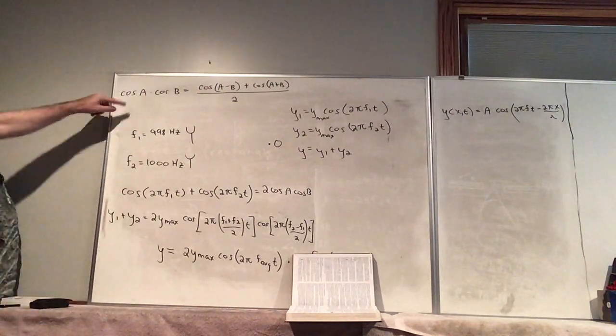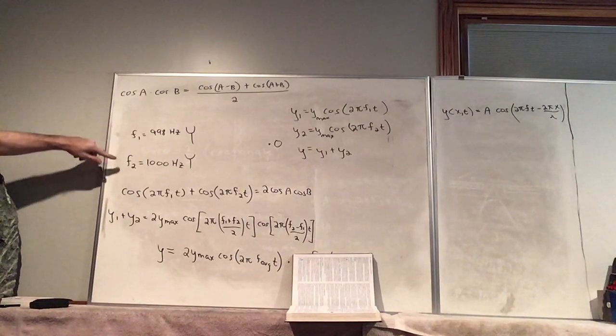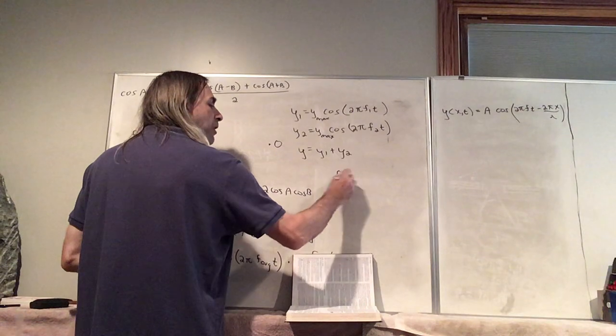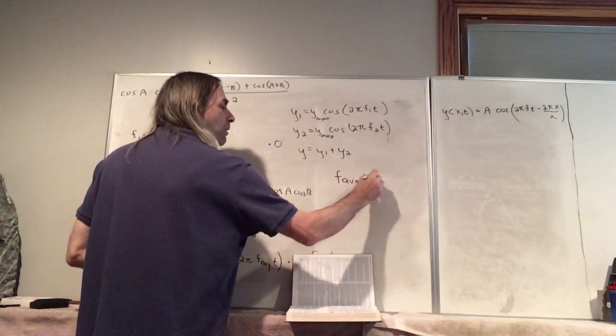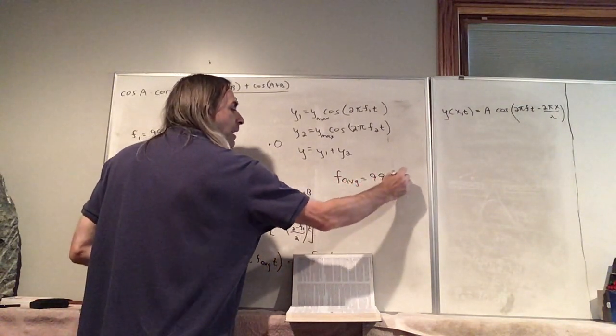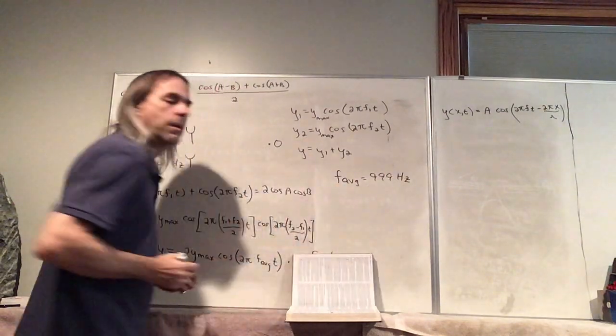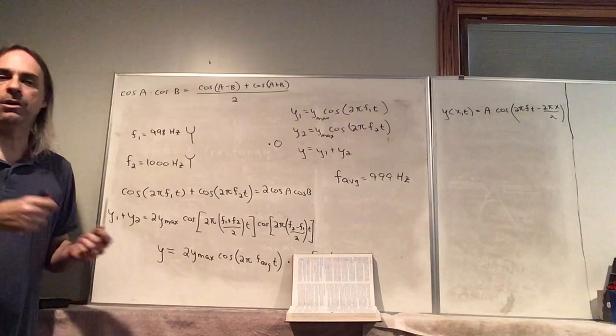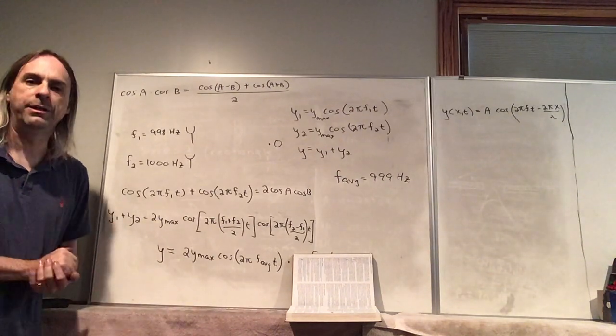In this example, f1 is 998 hertz, f2 is 1,000. So in this case, the average frequency is 999 hertz. And again, the difference between 998 hertz and 999, no big deal.